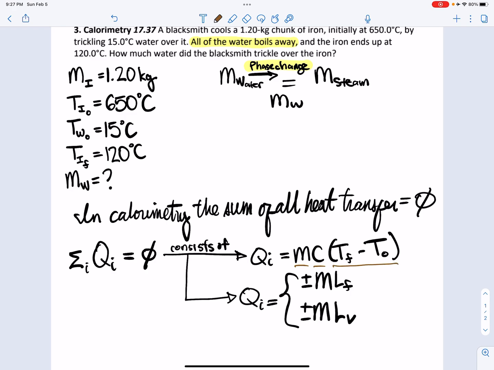But that is only the heat transfer when it comes to temperature change within the same phase.